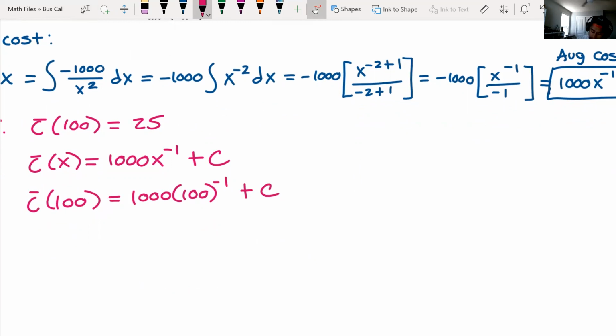So this becomes 25 equal to, and 1,000 times 100 to the negative 1, that gives you 10 plus C. Therefore, C is 15.